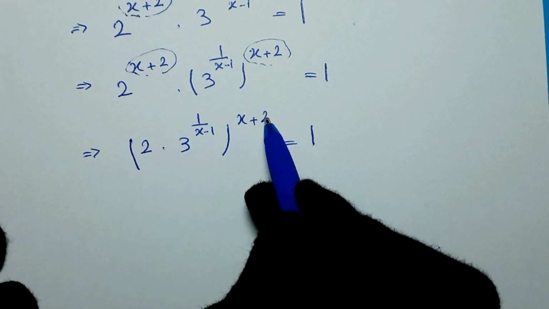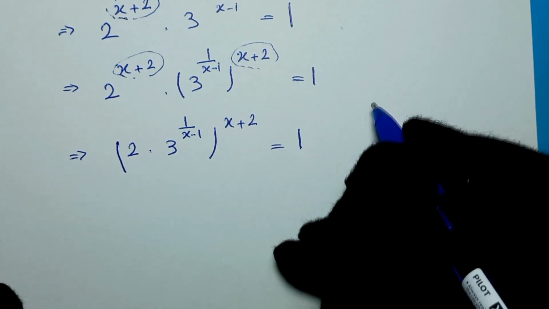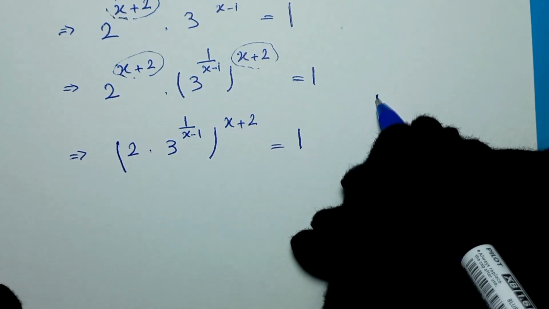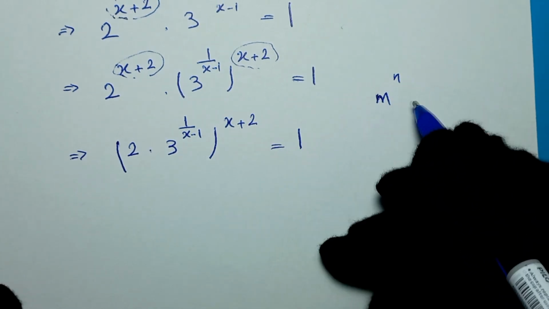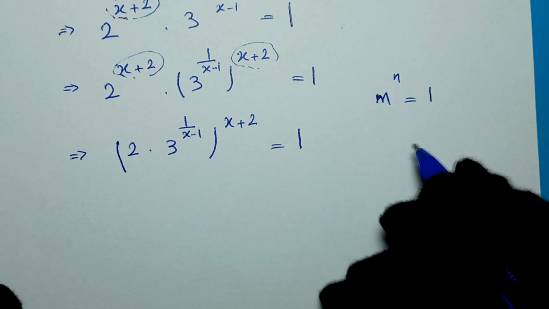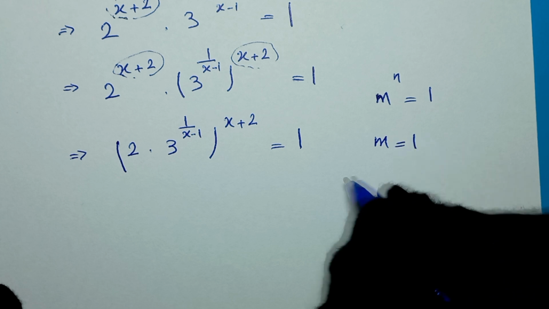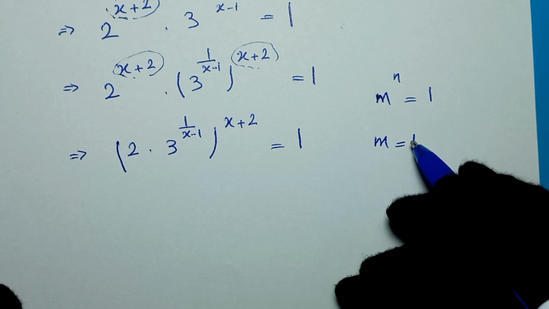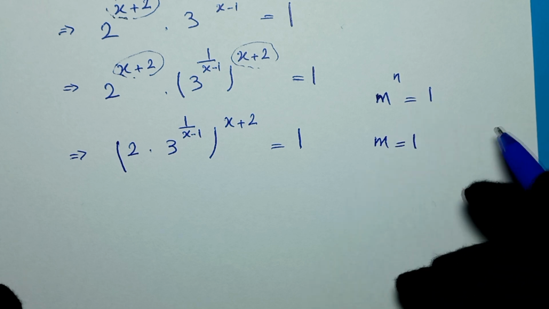of this number, okay. So if we have m to the power of n is equal to 1, in here we have two solutions. In the first, m is equal to 1 because 1 to the power of n is 1, right?